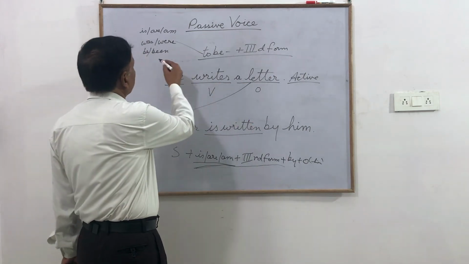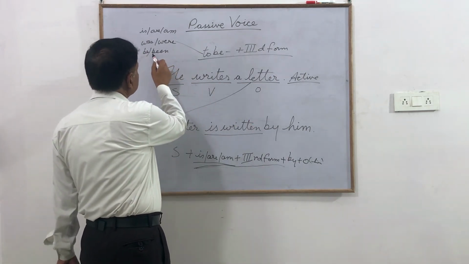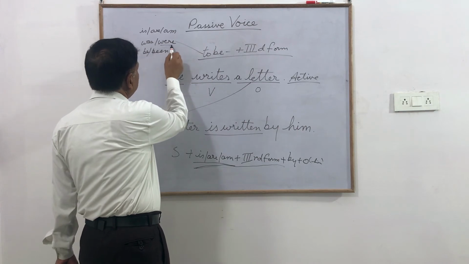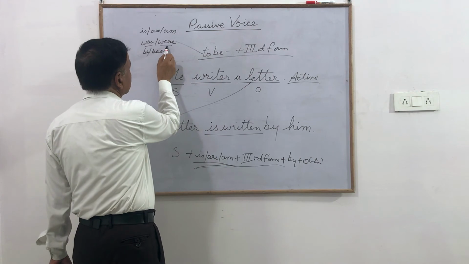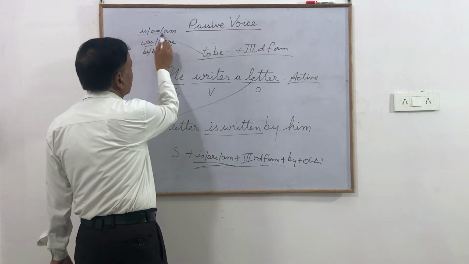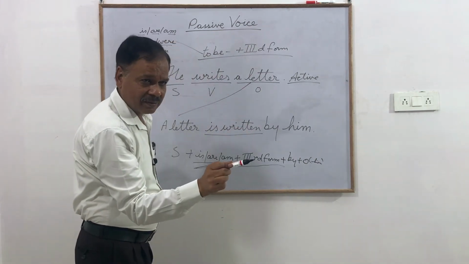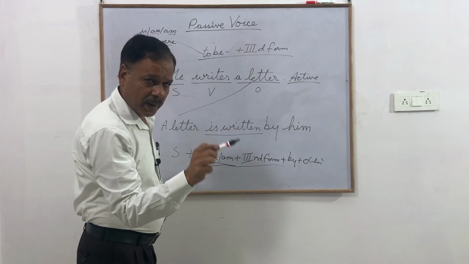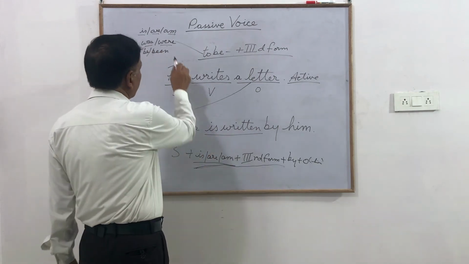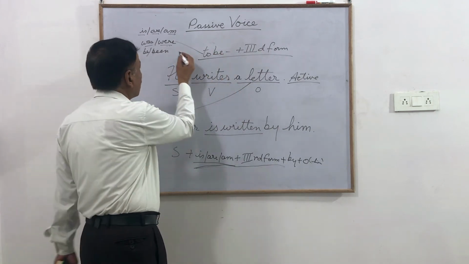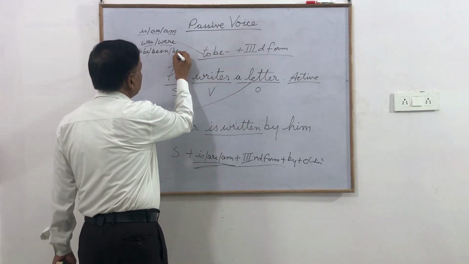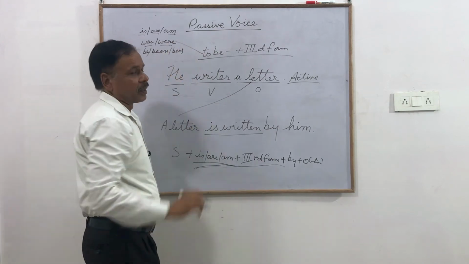In active forms, this may come in the continuous tenses. Correct? But in the passive form, this plus the third form, and here being also.